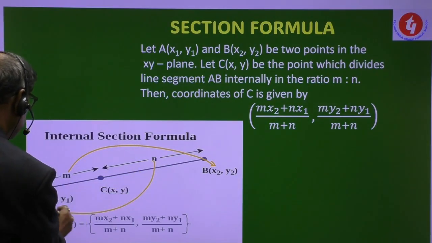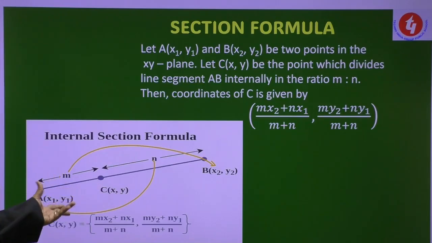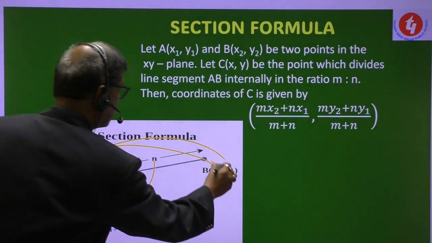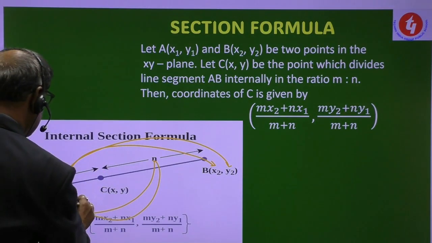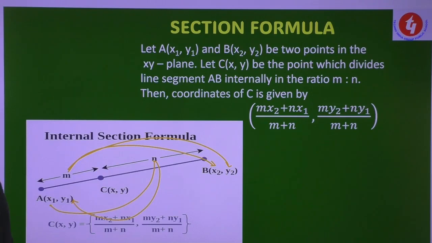Is it clear? Just remember like this. So mx2 plus nx1 upon m plus n, the sum of the terms of the ratio. Similarly, the same thing we can do for the ordinate part. So m into y2 plus n into y1 upon m plus n. So easily we can remember the section formula like this.